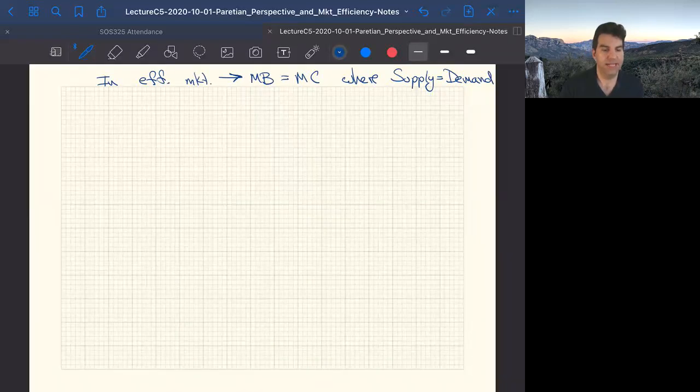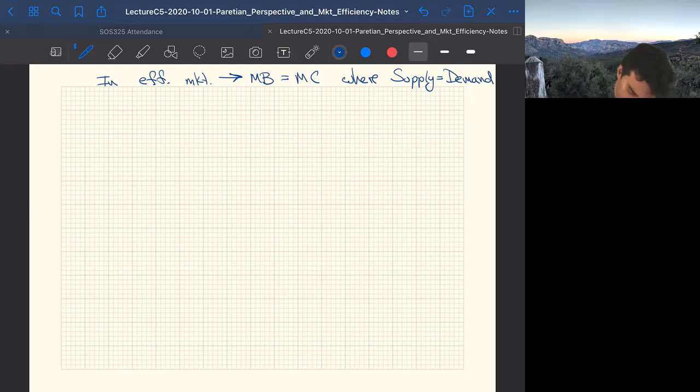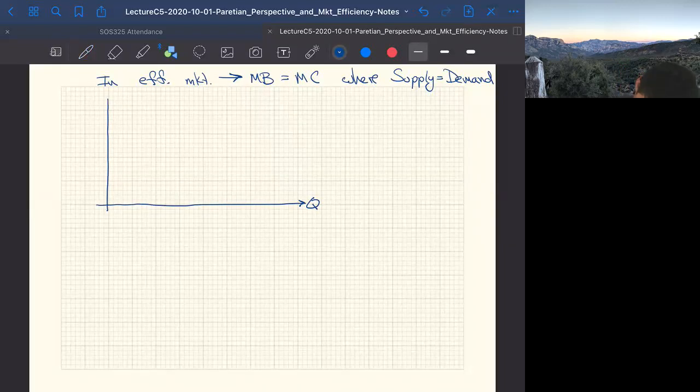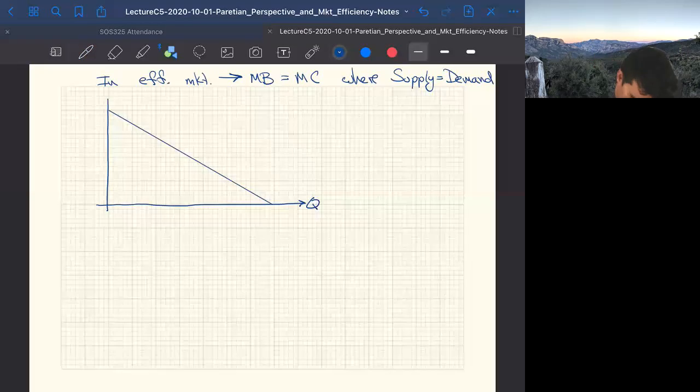So if I were to draw those curves together, I'll draw a supply curve, I'll just keep it linear, and a demand curve, also linear.